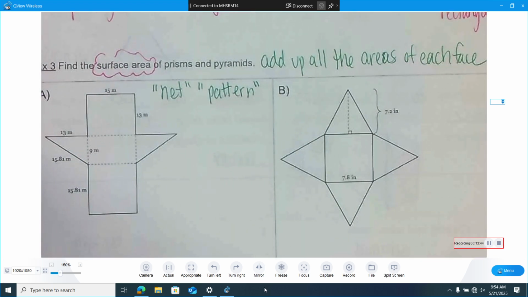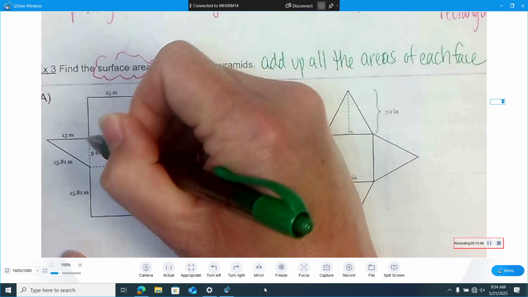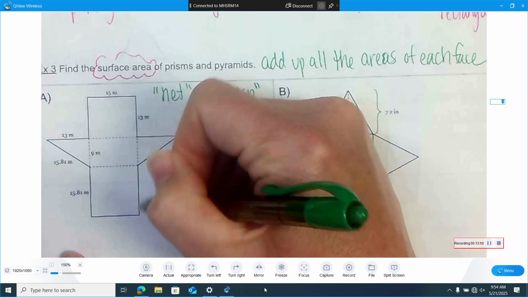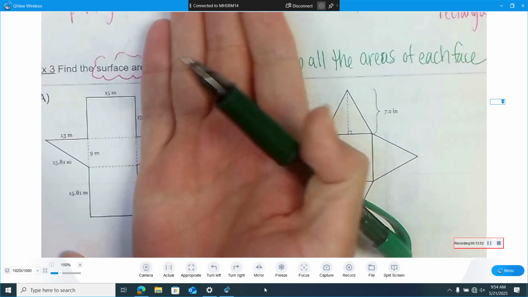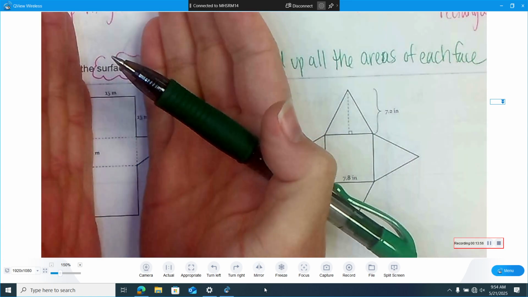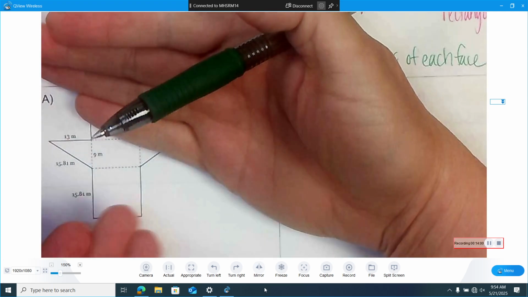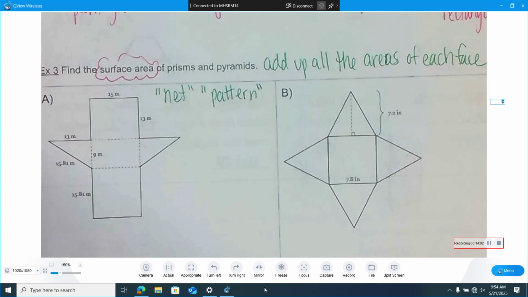I have no idea why it's a net. But you can imagine if we were to cut this shape out on these solid lines, and then you would fold up this right-hand side, and you'd fold up the left-hand side. On the dotted lines, you make a fold, and you'd put it together. What shape does it become?